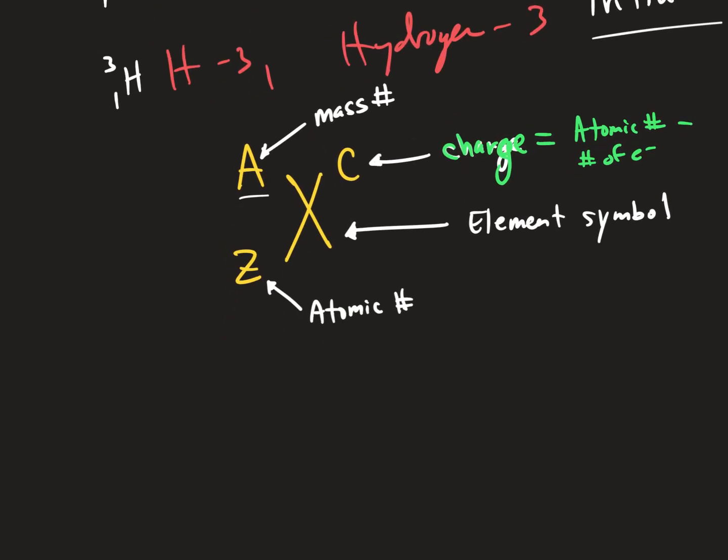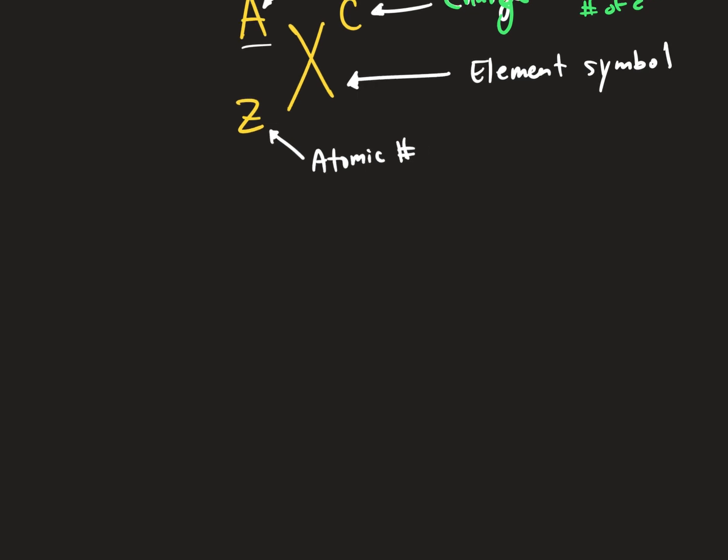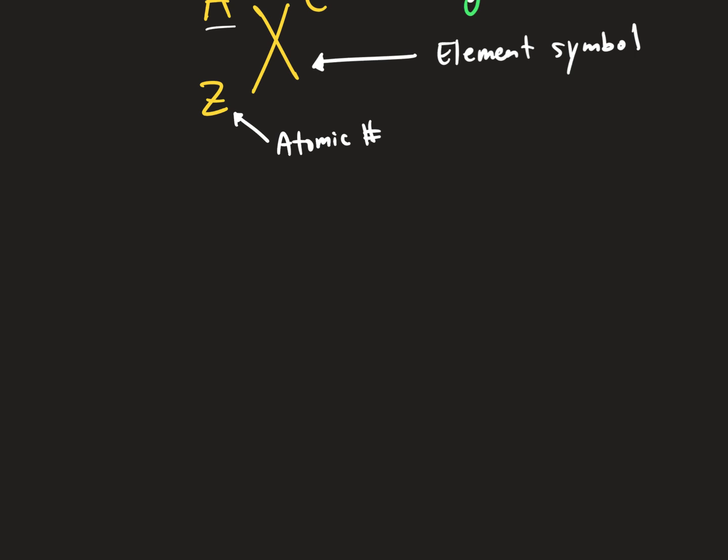Okay, should we try this? All right, let's do Mg 25 2 plus. I want you to determine how many protons, how many neutrons, and how many electrons this isotope of magnesium has.